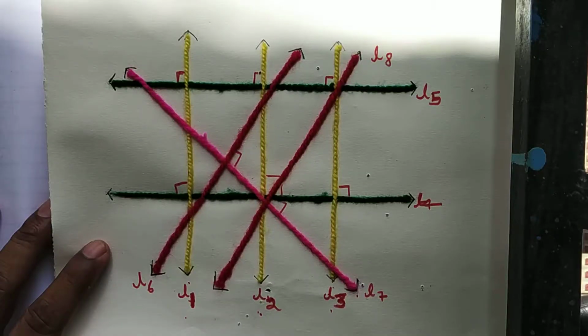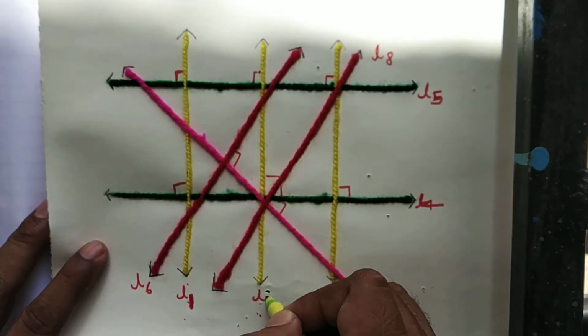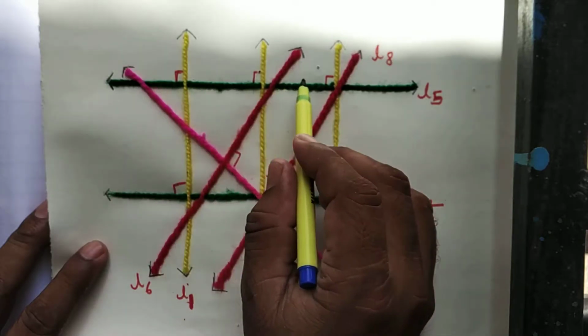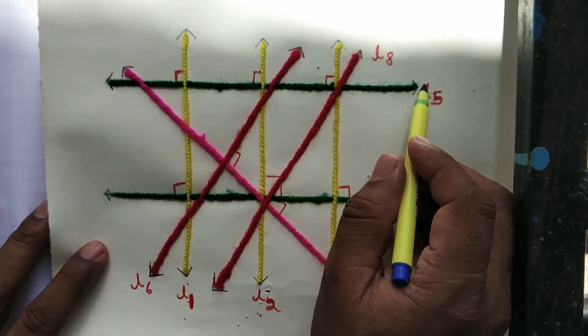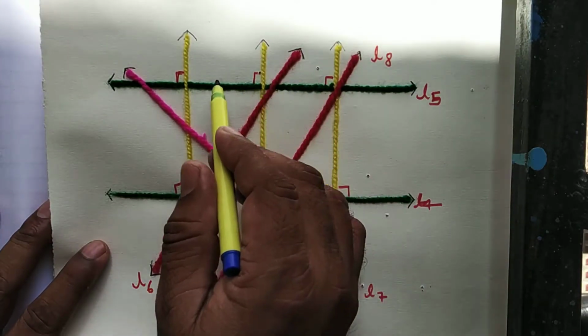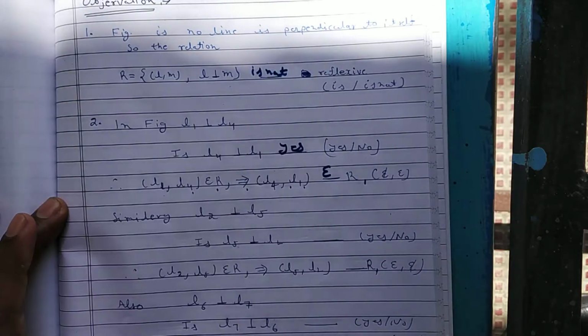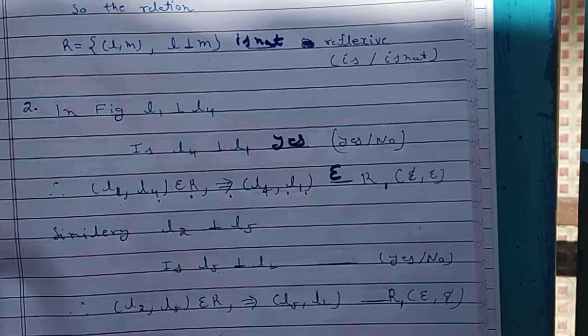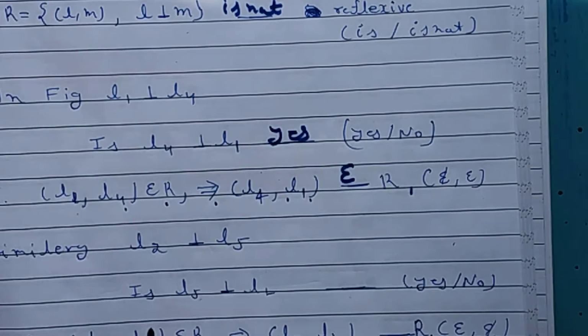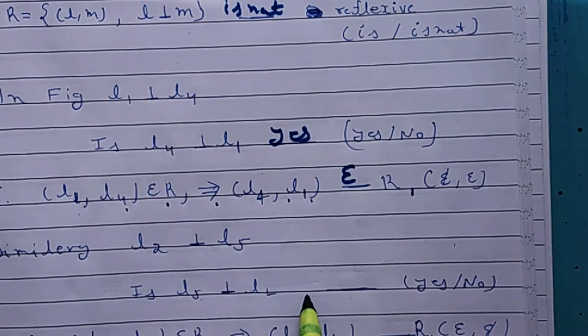Similarly, L2 is perpendicular to L5. Is L5 perpendicular to L2?